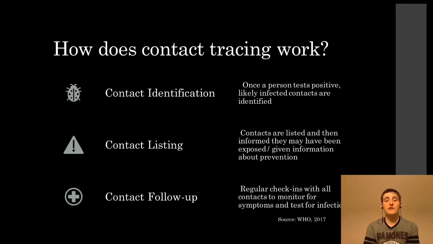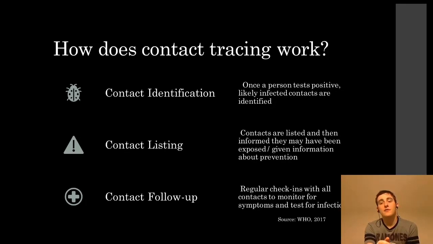So how does contact tracing work? Well, the World Health Organization outlined this strategy in 2017 during the Ebola epidemic, but it applies to all future pandemics such as the one we're going through now. So the first step is contact identification.